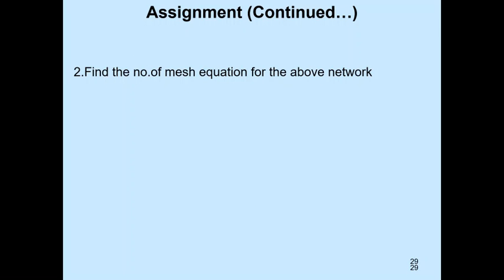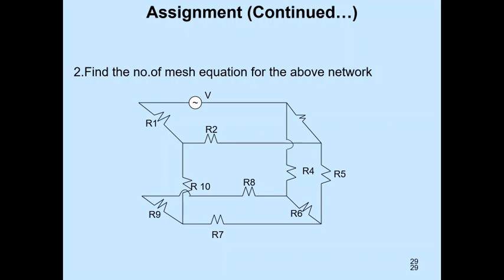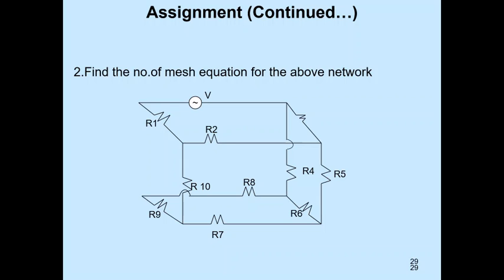So second step, find the number of mesh equations for the above circuit. So note this down, and how many equations are possible in this network. You can redraw this and you can take it. The number of branches is 10 branches are there. How many nodes? 1, 2, 3, 4, 5, 6, 7, 8.